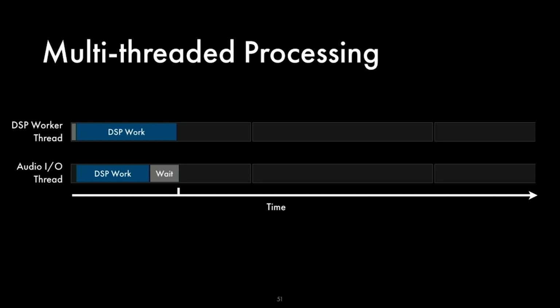So both the worker thread and the audio I/O thread are going to perform DSP. Then the I/O thread in this case is going to wait on the worker thread because the worker thread took longer. Then the worker thread is going to signal back to the I/O thread that it finished, and then it's going to return to the OS. And this process then repeats for every subsequent buffer.